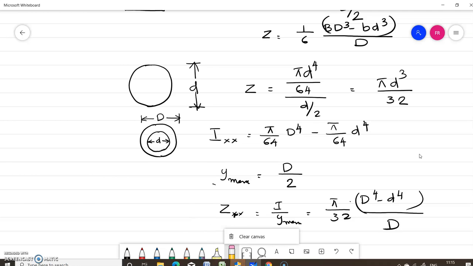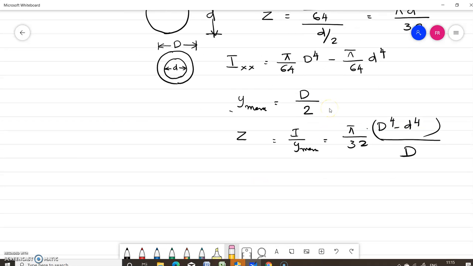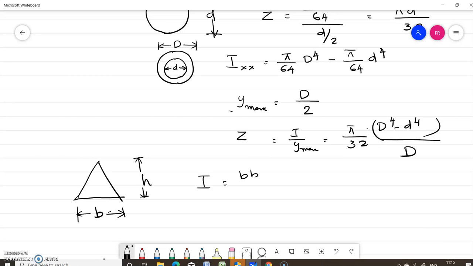Now what is the section modulus for a triangular section? You consider a triangular section. Let b be the breadth and h be the height of this section. So you can write Ix is equal to b h cube by 36.